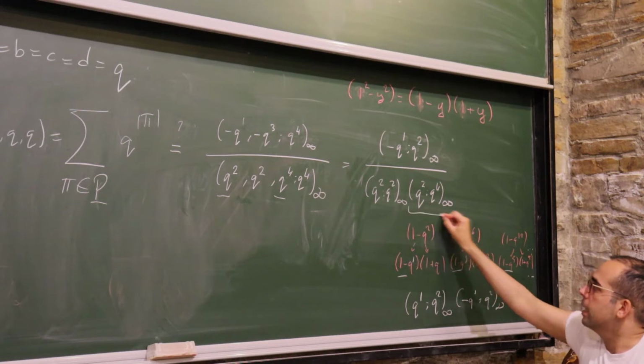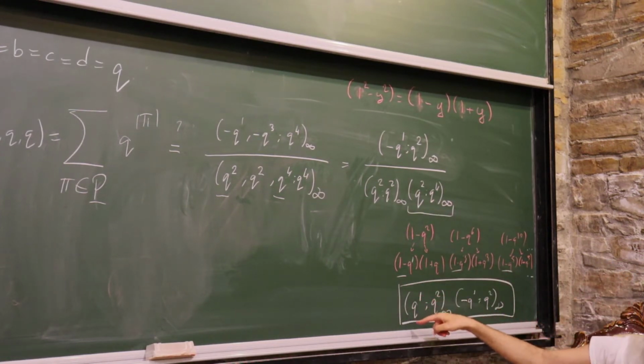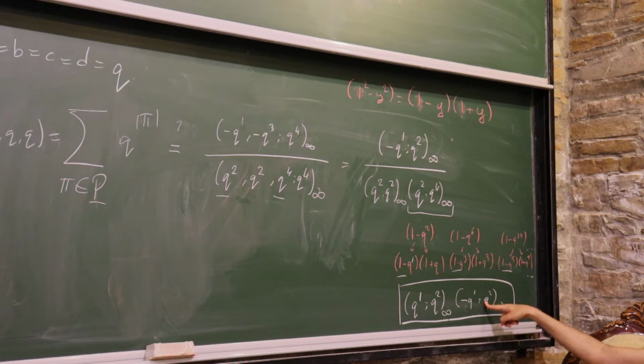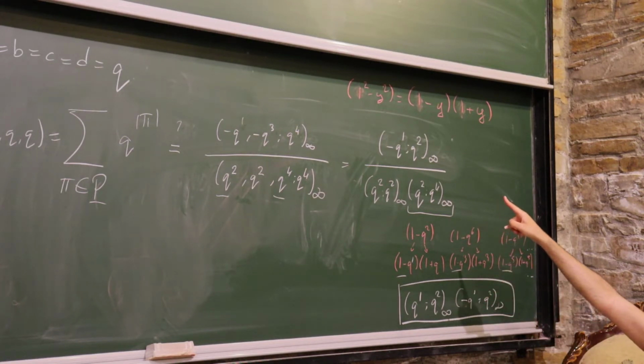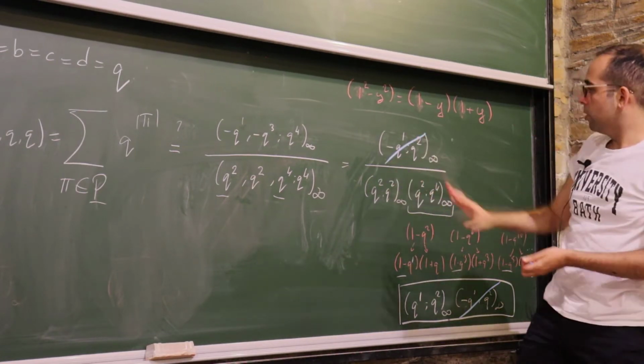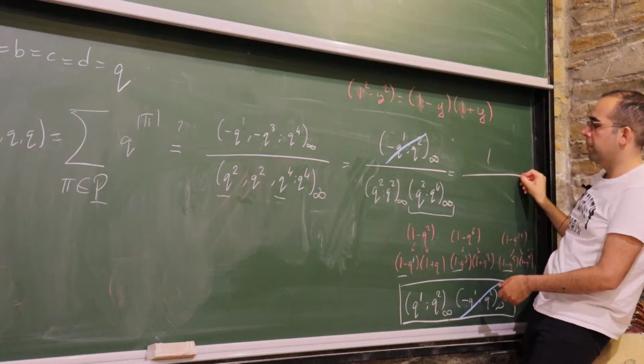Like you see, this guy is apparently that in the denominator: q1, q squared sub infinity, negative q1, q squared sub infinity. But this term is the term that I want to cancel on the top. Oh, great. So we have that cancellation for us. Perfect. So we got rid of the thing in the numerator. So numerator is 1 now.